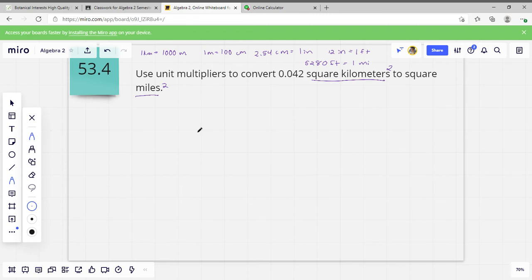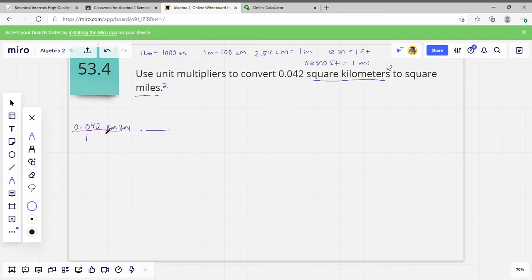All right. So we're going to start with 0.042 over 1, and that is square kilometers. So we're going to have km and km. All right, our next one needs to be kilometers on the bottom.